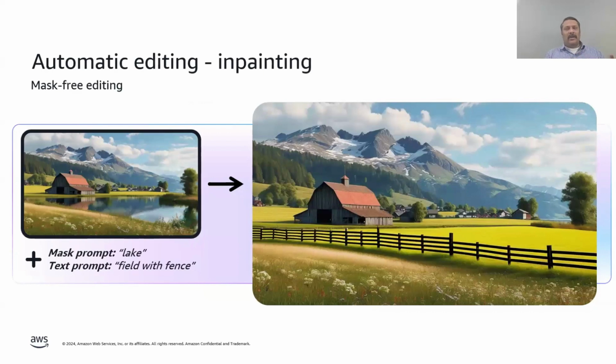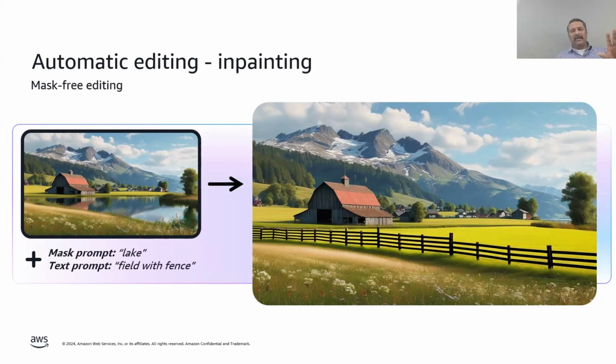So far, we have seen the text to image feature to generate content, and now let's take a look at the image editing features, which are also available in Canvas. Inpainting is a feature that allows users to edit specific areas within an image, replacing or modifying elements while maintaining the overall cohesion and style.